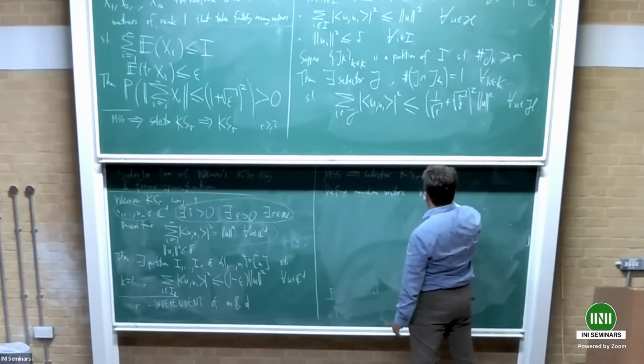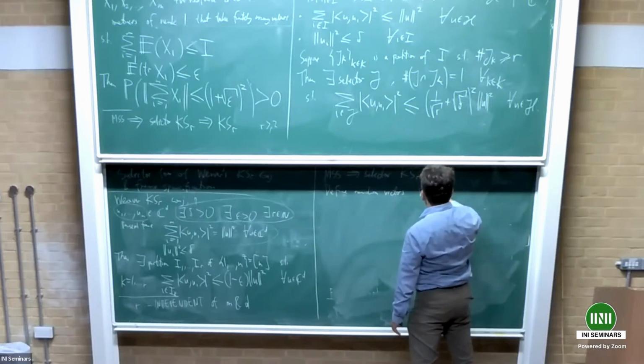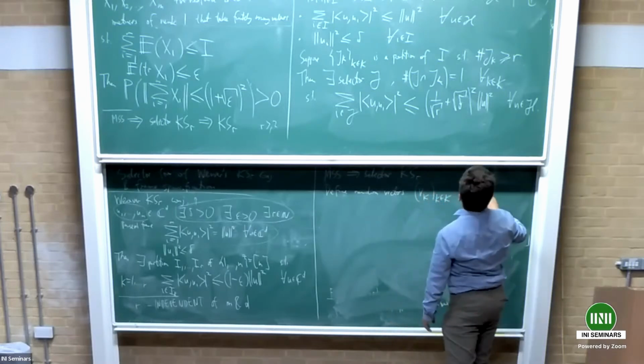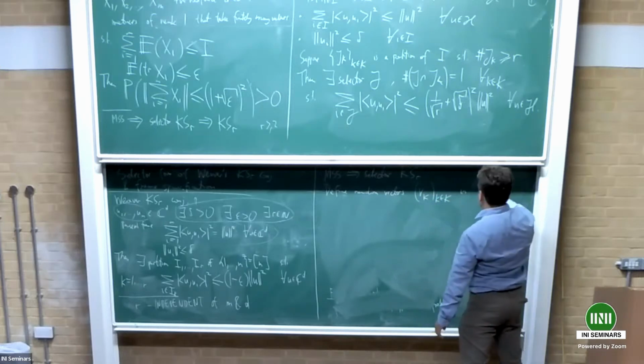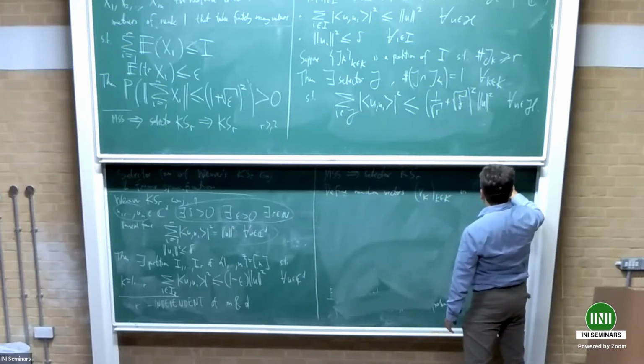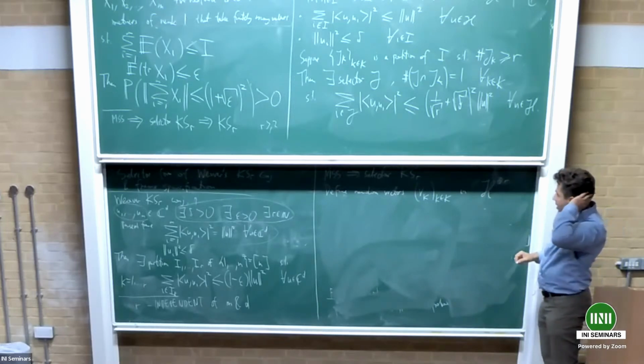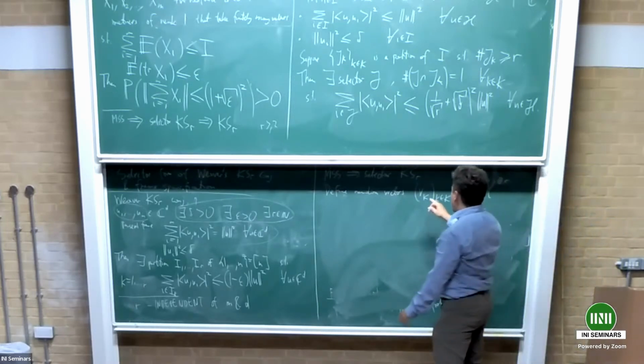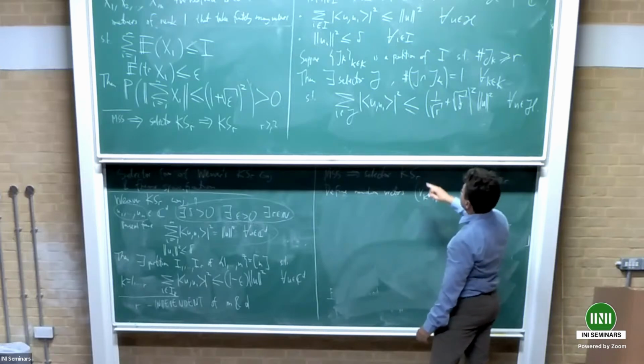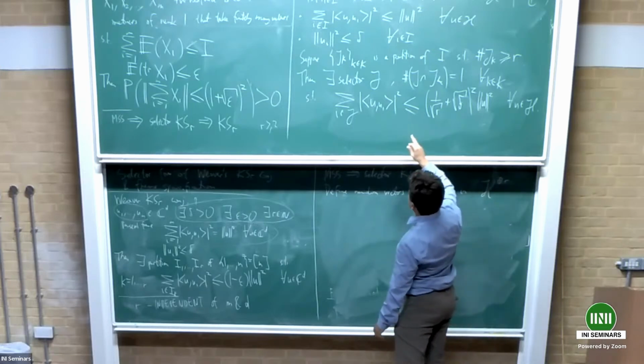So random vectors VK, where K runs over K, that have values in, let's say, the Hilbert space H, so they will have values in H. So R copies of H. But how are those random vectors defined? Because we have those deterministic vectors.